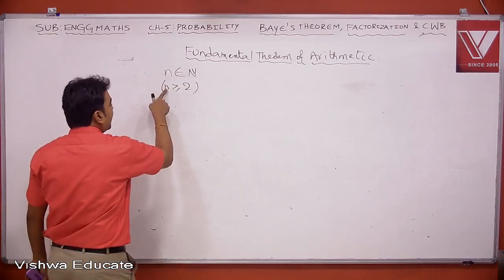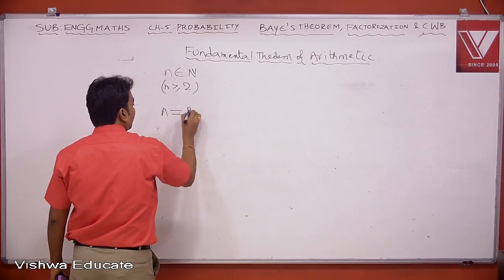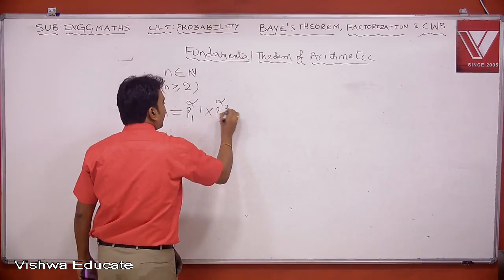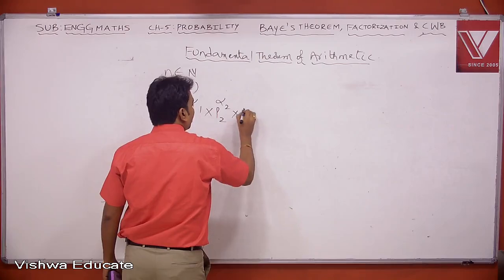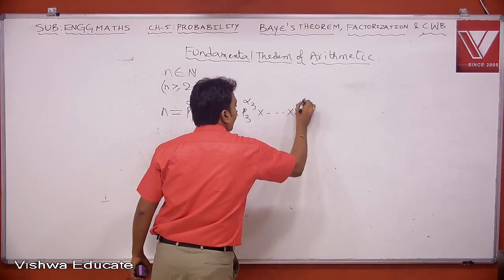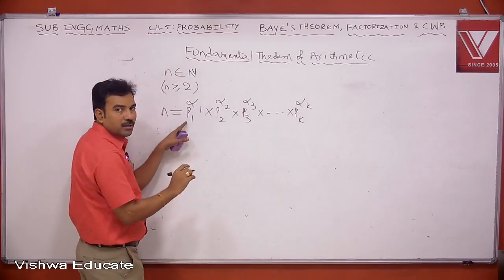When you take any natural number from 2 onwards, this can be written as a product of powers of prime numbers, p1 power alpha 1 into p2 power alpha 2 into p3 power alpha 3 and so on, pk power alpha k.